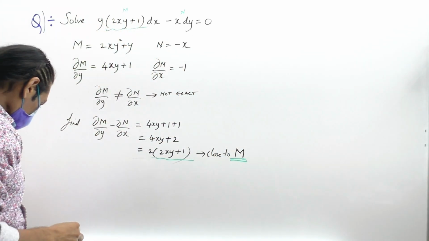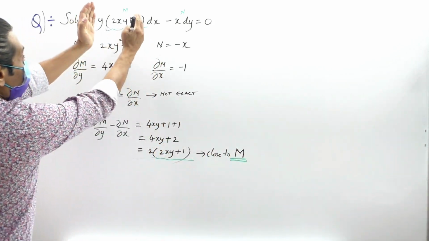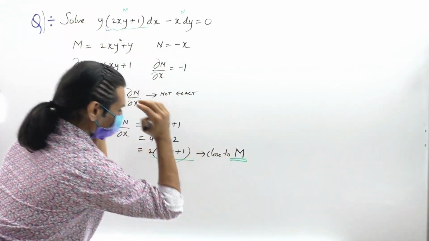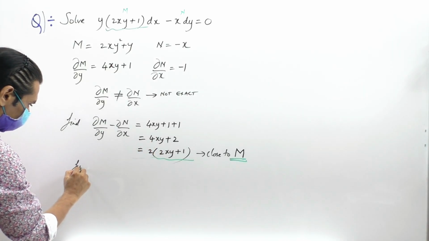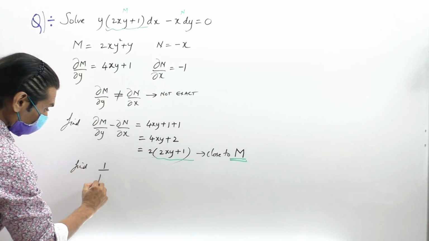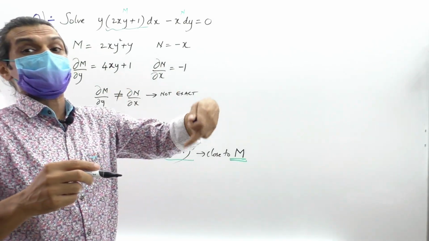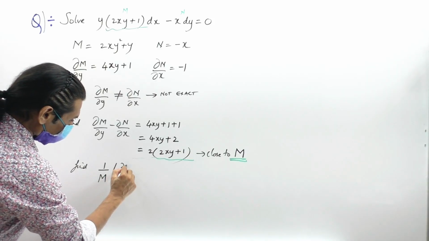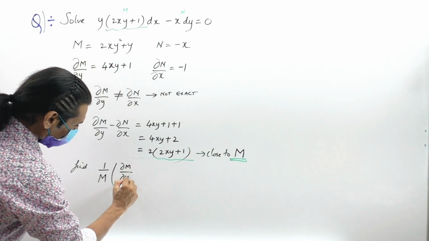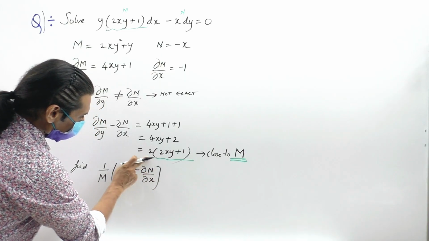The previous problems were closer to n. Now, this one is closer to m: 2xy plus 1, 2xy plus 1. Close to n means 1 by n times dou m by dou y minus dou n by dou x. Close to m means 1 by m times dou m by dou y minus dou n by dou x, correct.